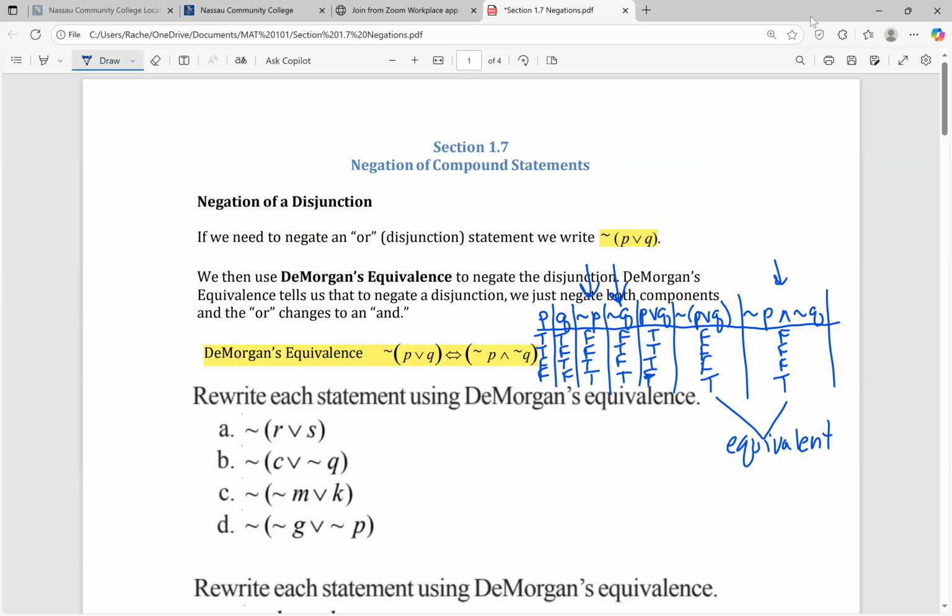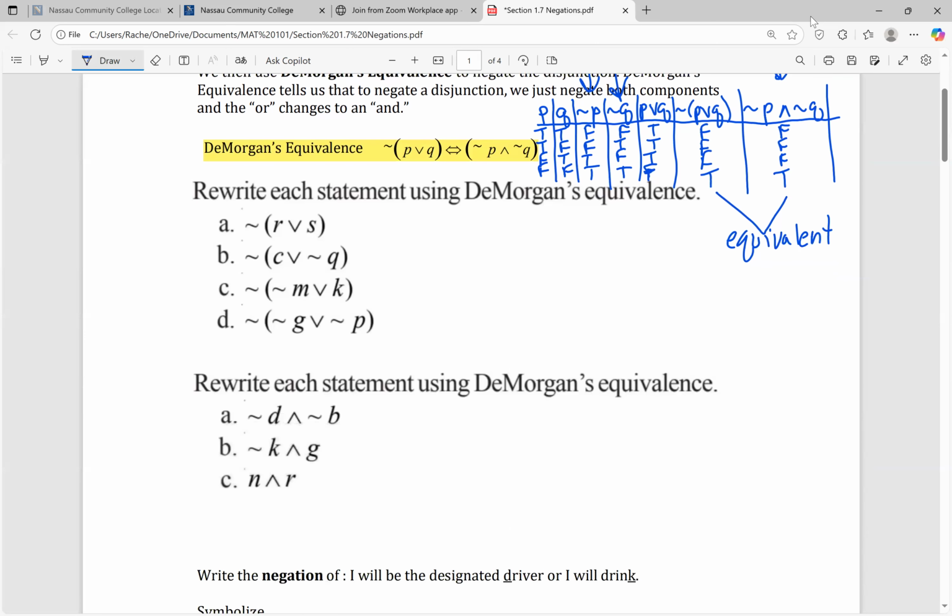So we can say that not (P or Q) is equivalent to not P and not Q. So let's just practice using De Morgan's equivalence. So let's look at A. We want to rewrite each statement by using De Morgan's equivalence. So basically, I think of it as we're distributing the negation, right? And the or becomes an and.